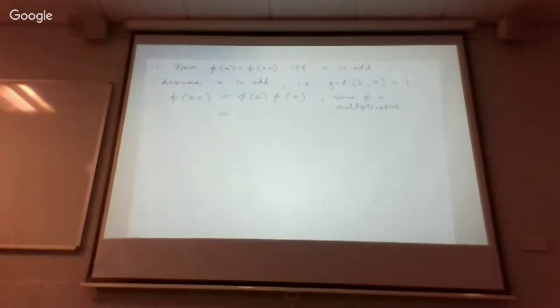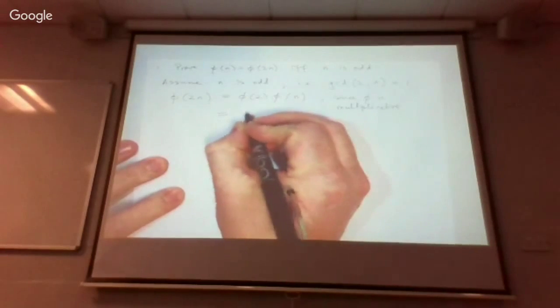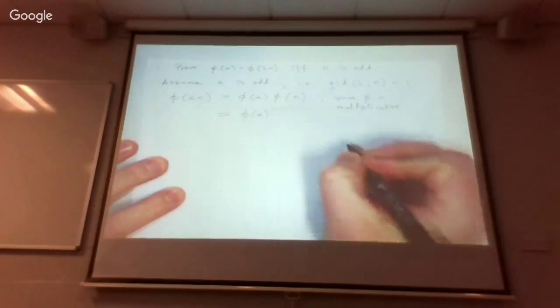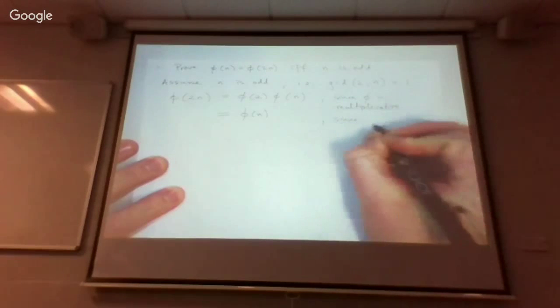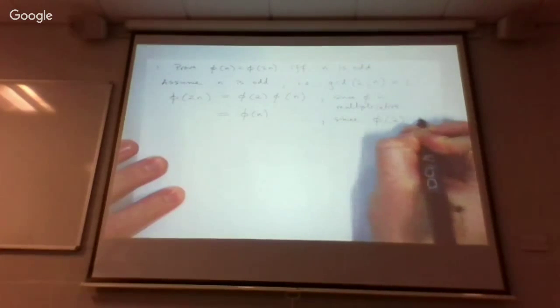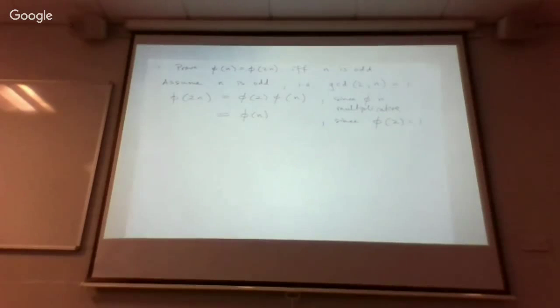So there's just a single element, one congruence class in the multiplicative group of congruence classes modulo 2. That's just the congruence class of 1. So this is equal to phi of n, since phi of 2 is equal to 1 just by evaluating phi.